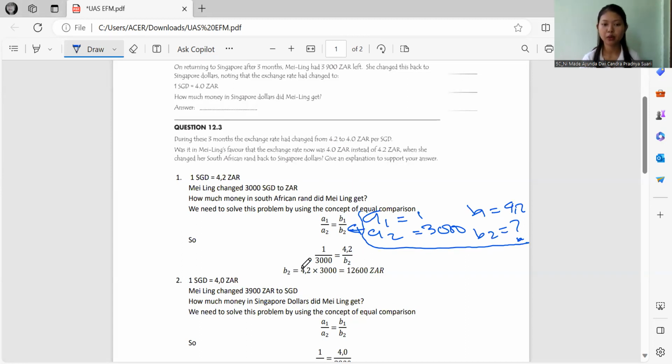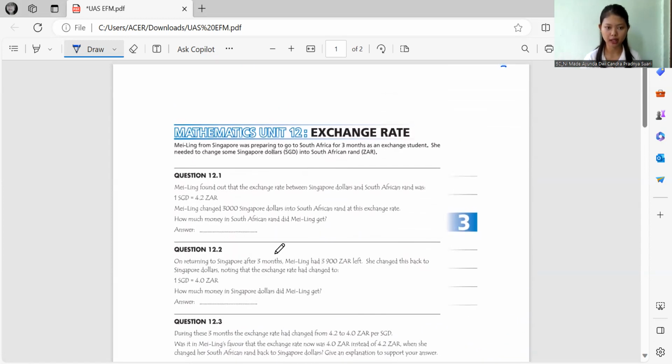And B2 will be 4.2 times 3,000 equal to 12,600 ZAR. So for question number one, Mei will get 12,600 South African rand, or ZAR.